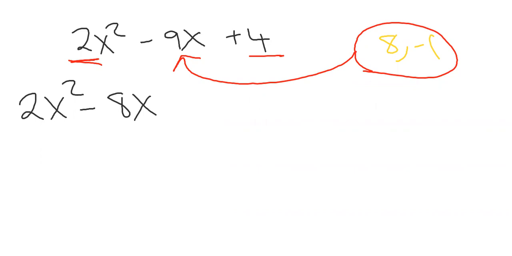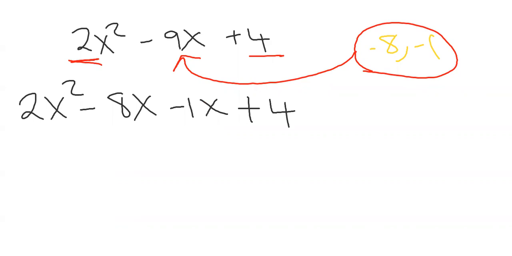Remember, our two numbers are -8 and -1. So we now have -8x. Remember what I said, when we insert them here, we insert them together with the x. Then continue rewriting your expression. Then we have -1x, then plus 4.